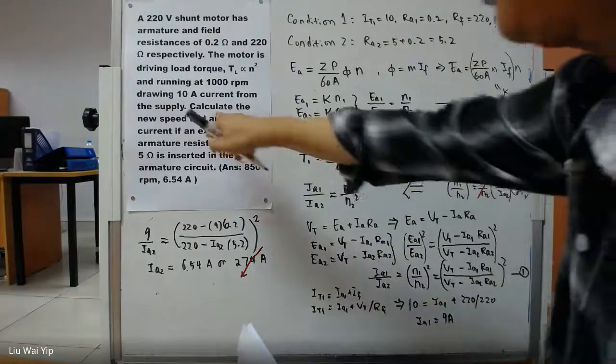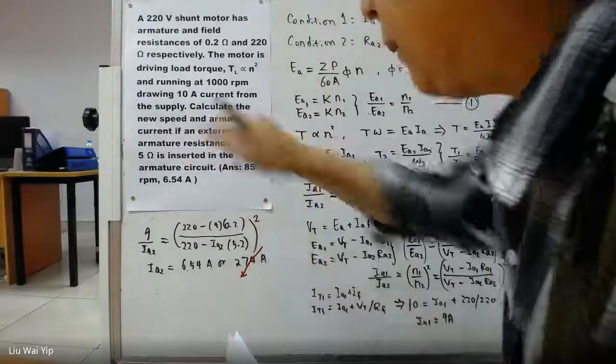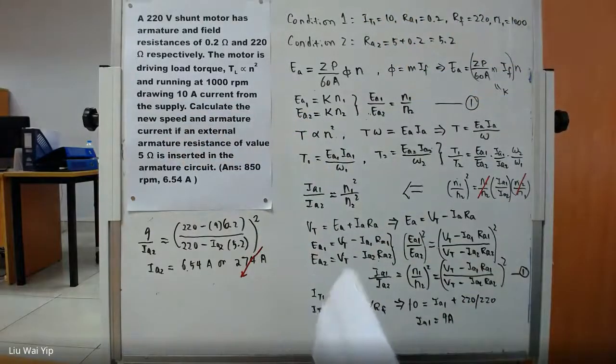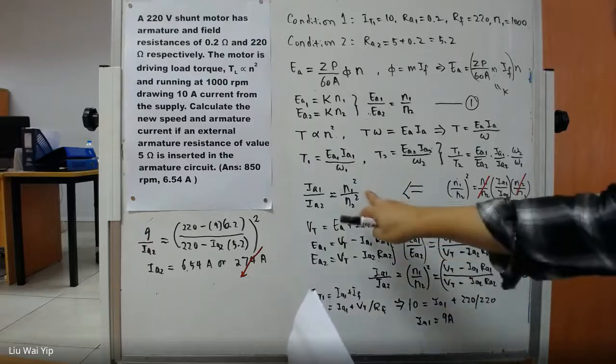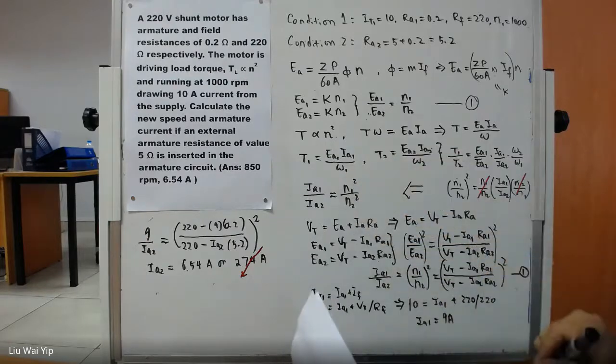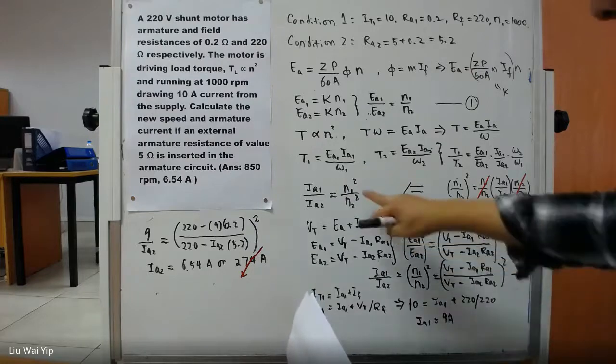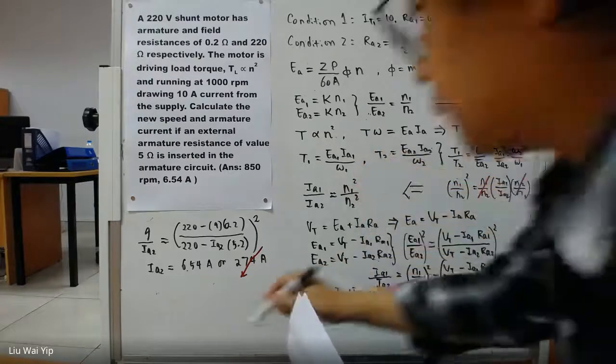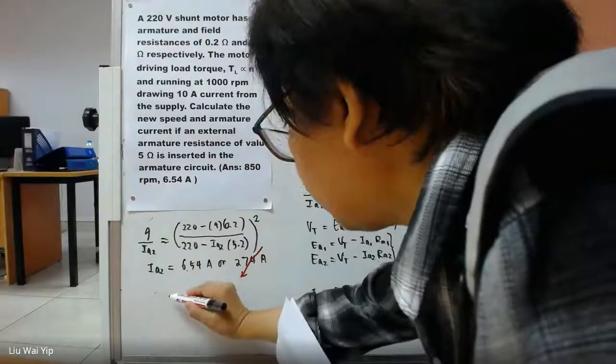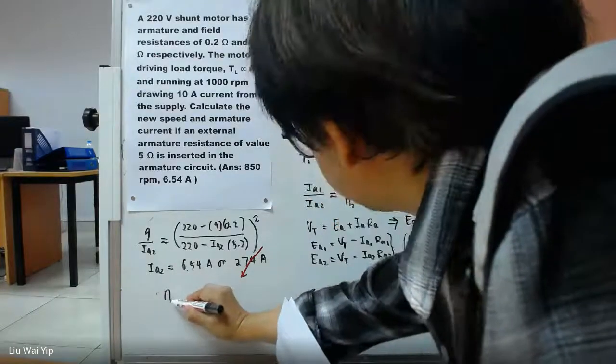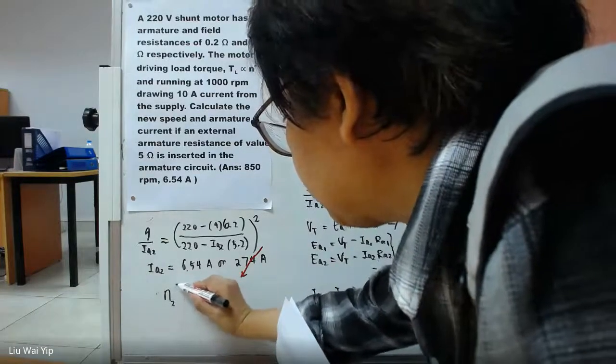And the question also asks for the speed. So how are we going to find the speed? We have to make good use of this formula. We just play around, do some algebraic manipulation.